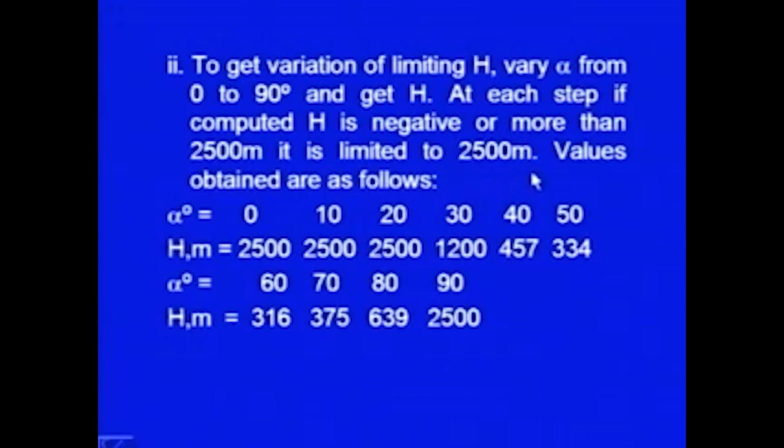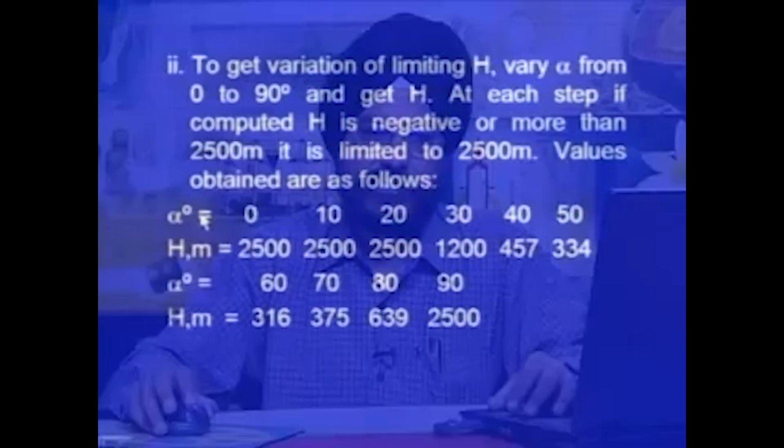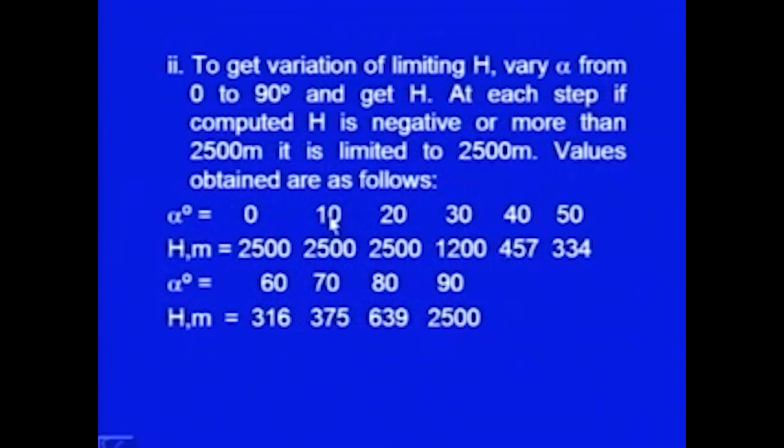I am not showing the calculations, and the final values are shown here. This is alpha 0, 10; I have taken it at 10 degree intervals, 20, 30, 40, 50 and so on up to 90. You can see here the final answer is 2500, so I might have got a negative value or more than 2500.